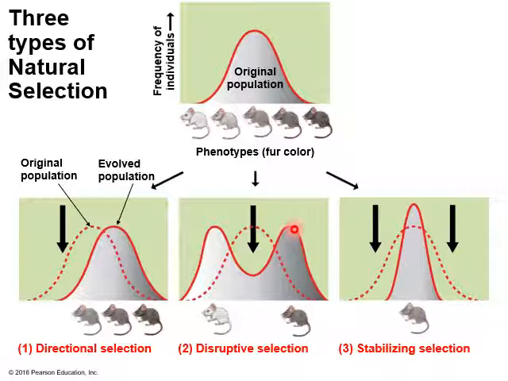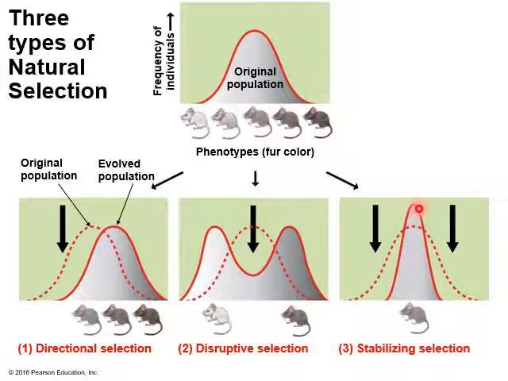So in those areas, it's good to be either dark so you can blend in with the dark volcanic rock, or light so you can blend in with the sandstone rock. If you're in the middle, you don't blend in with anything, and you're a goner because you're going to stick out, since there's no rock you can blend in with. So that's called disruptive selection, where this bell curve has been disrupted, and now we have two curves essentially.